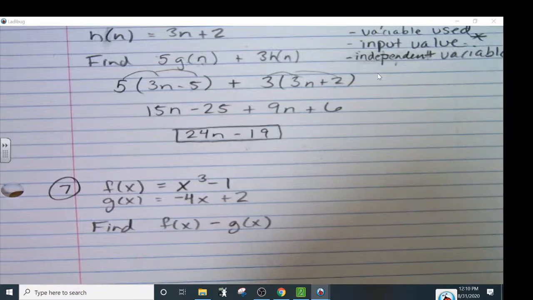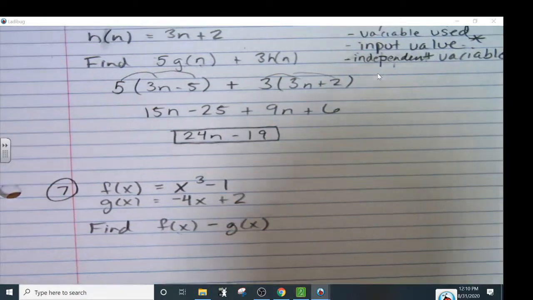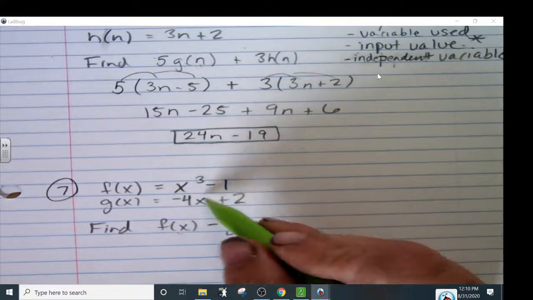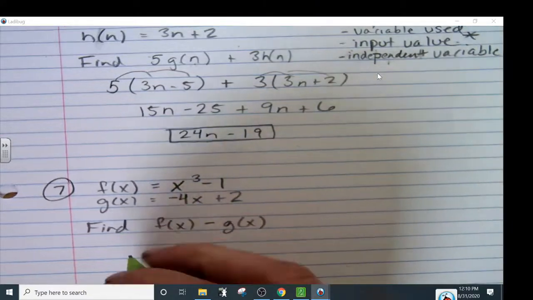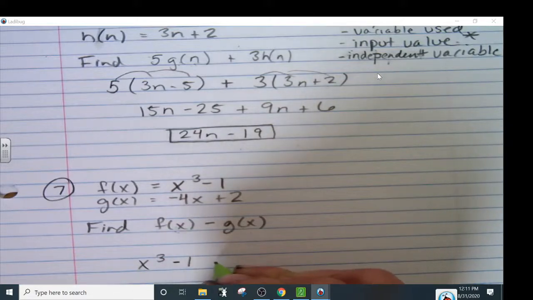Now, in this case, guys, we're simply taking f of x and subtracting g of x. Pretty simple. The main reason I want to do a subtraction problem is because if you don't do it correctly, it'll be wrong every time. So I'm going to take f of x and put it first. That's what comes first: x cubed minus 1, minus.